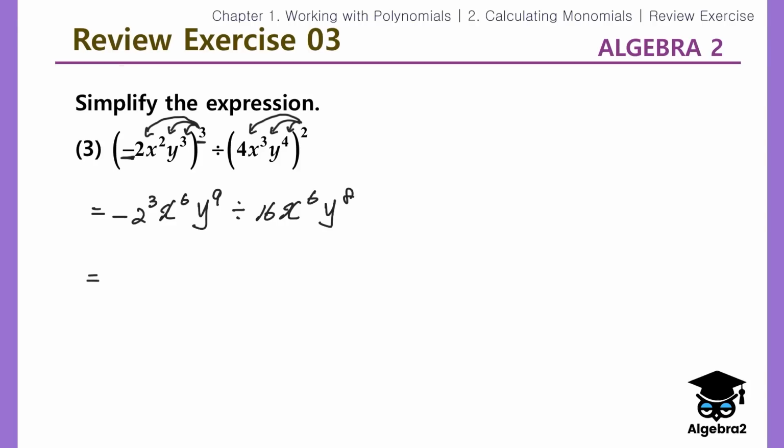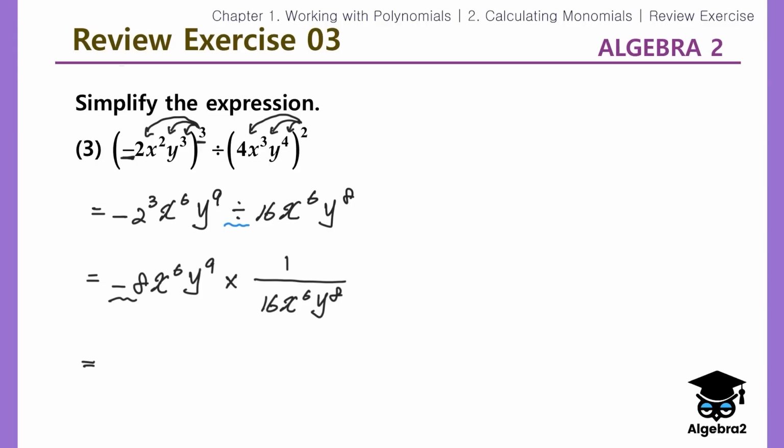So that is equal to, next step, we're going to have to convert this division to multiplication, right? So negative 2 cubed is 8, right? So x to the 6, y to the 9, times 1 over 16, x to the 6, y to the 8.